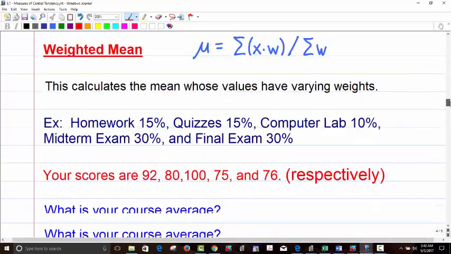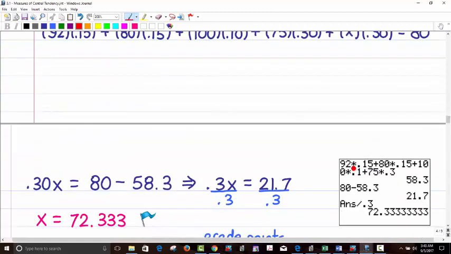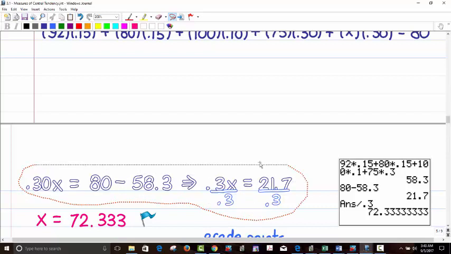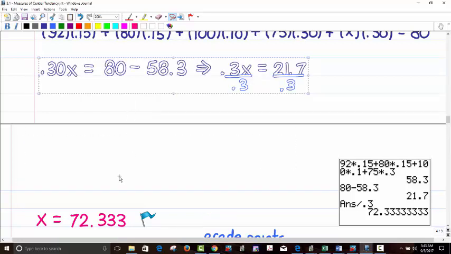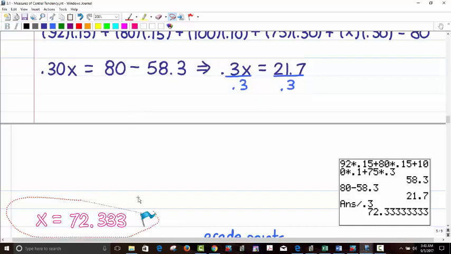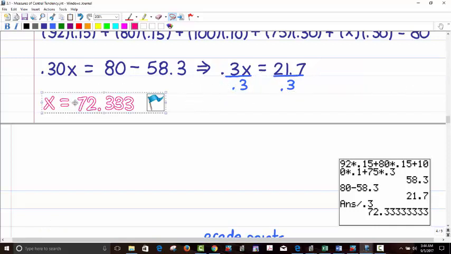I'm just trying to see if I can make some room here. Actually, I'll put it right over here. So 72.333. So let's say that we can't make a 72.